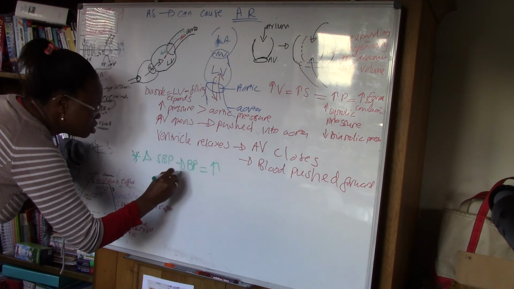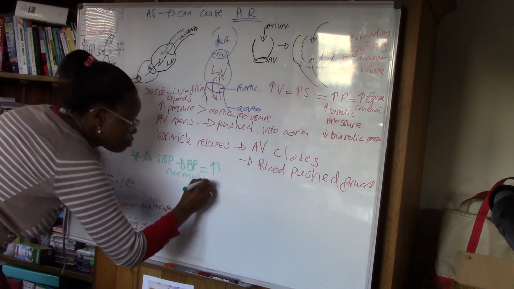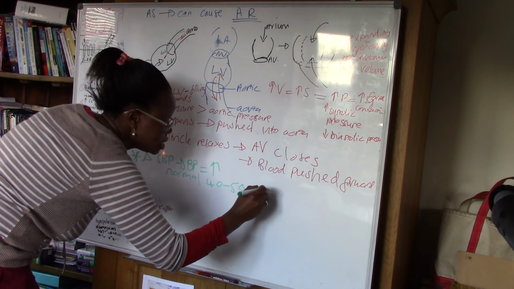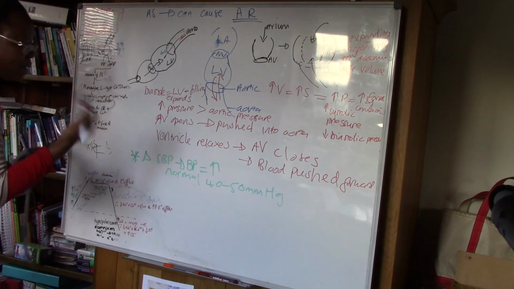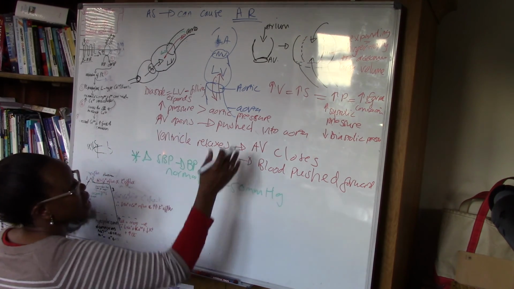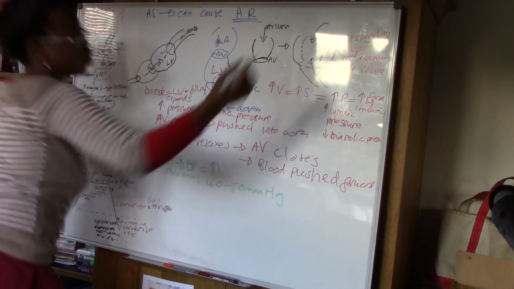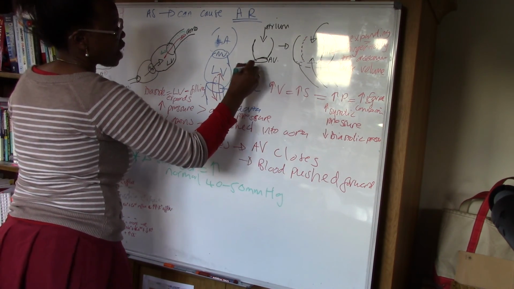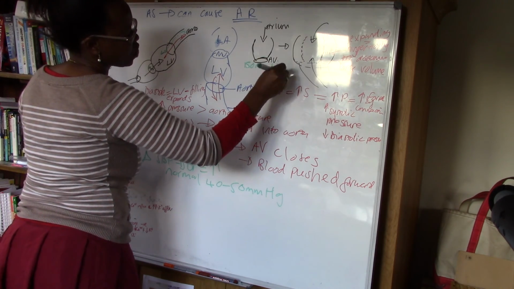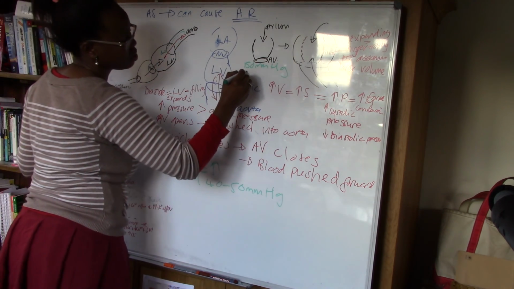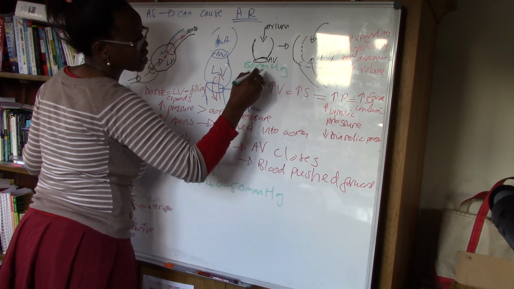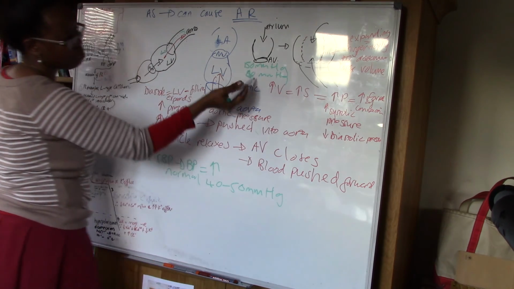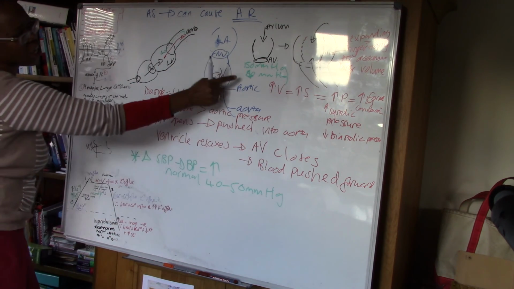Normally it's around 40 to 50 millimeters of mercury, but it will increase because systolic pressure will increase to about, say, 150 millimeters of mercury, and diastolic pressure will perhaps reduce to something like 50 or even 40 millimeters of mercury.